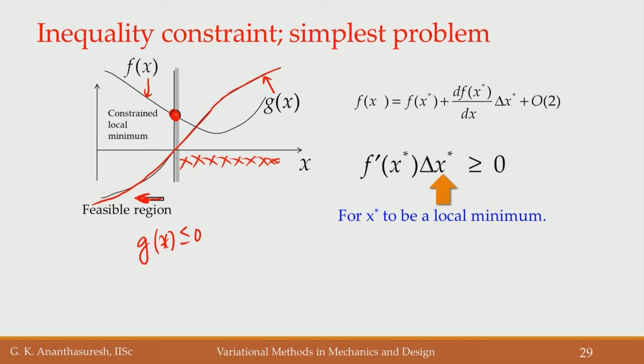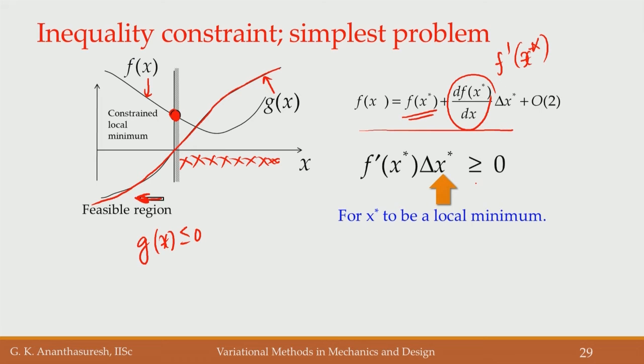Now, consider the first order perturbation, which we have denoted as f prime here. When I say f prime evaluated at x star times delta x star should be greater than or equal to 0, only then we say f of x star is a minimum. Any other perturbation on this side should give us a quantity, up to first order, greater than or equal to 0.